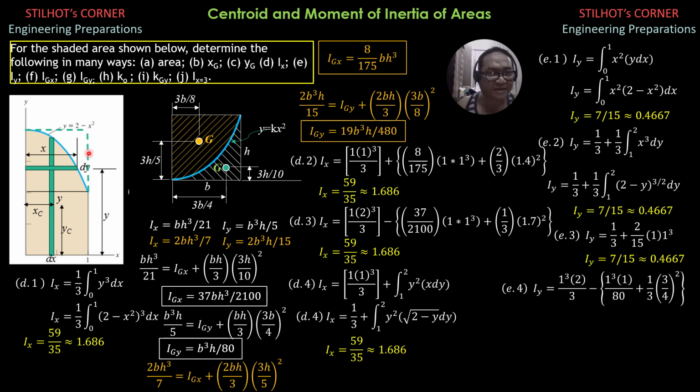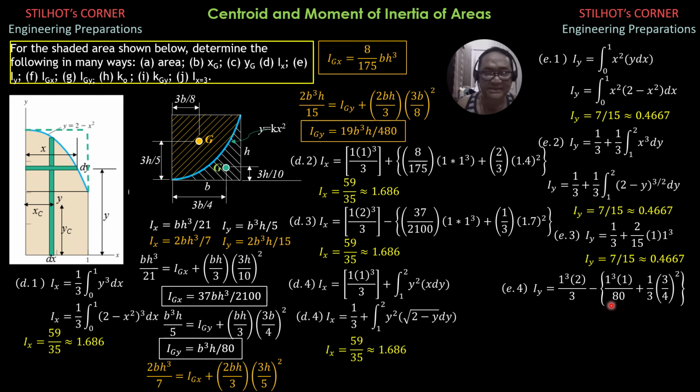Then we subtract the moment of inertia of this spandrel of parabola with respect to this axis. We have to transfer it here because we have a formula for moment of inertia of the spandrel with respect to this axis. And if this is the vertex, so that would be with respect to this axis, IY of spandrel parabola, which is b cube h over 5.